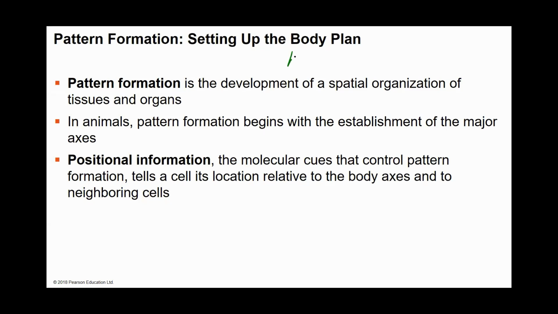So the body plan will determine which part of the embryo will become the right, which part will become the left, which part will form the head, which part will form the tail of the embryo, which one will form the back, and which part will form the front.